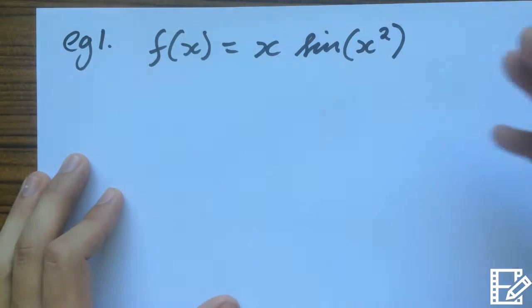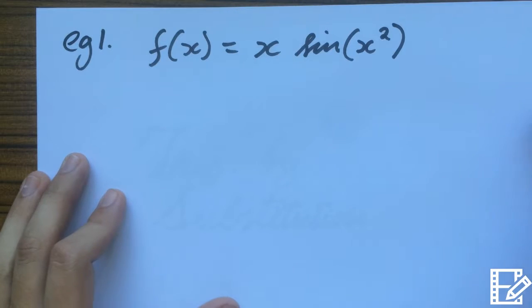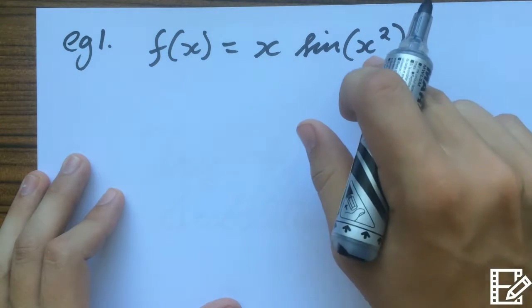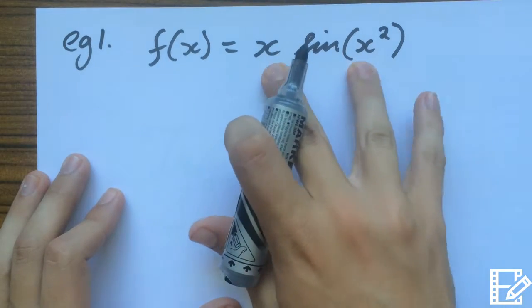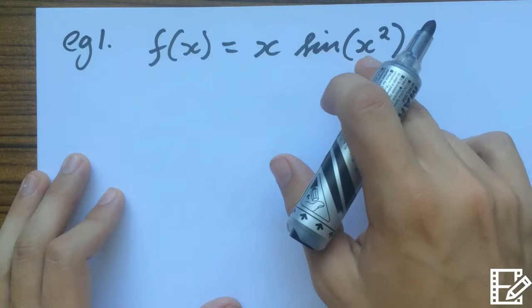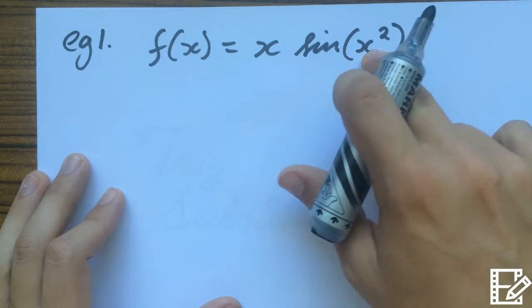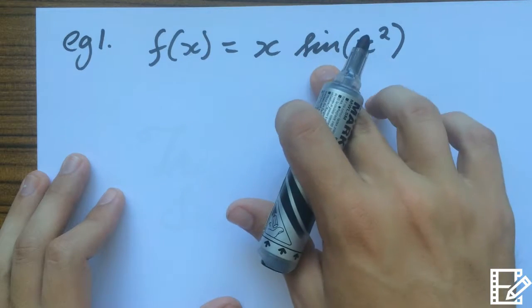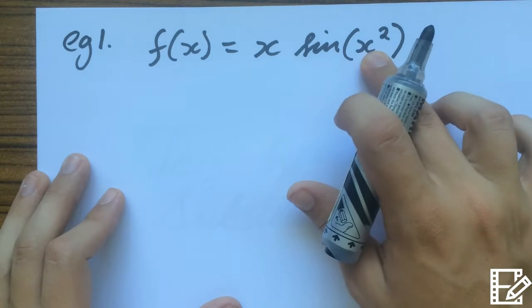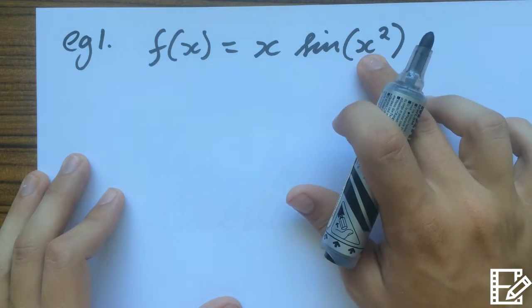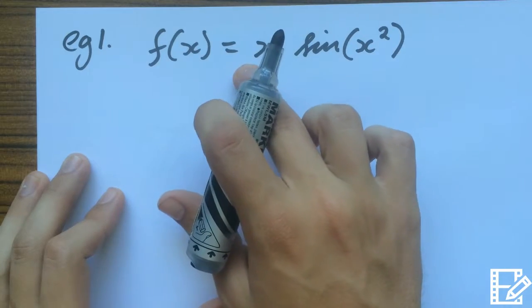Now, one of the steps you would follow for substitution is, firstly, if you have a function times a function, check whether one of them is the inner function of the other, such that if you derive it, you get the first function.